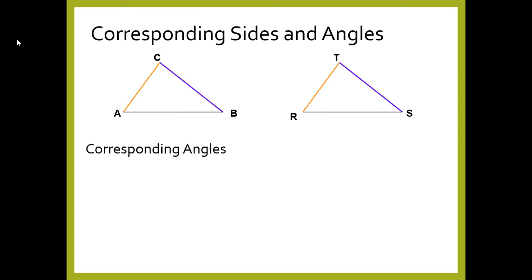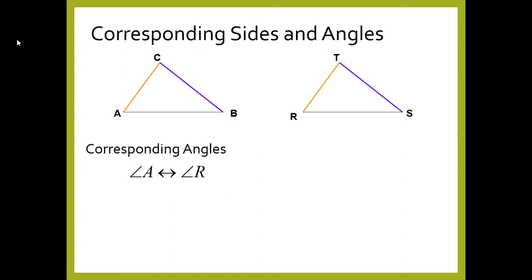First, let's go over corresponding angles. If we have angle A in the bottom left of our triangle, its corresponding angle would be angle R because it is also in the bottom left of our triangle, or where the orange and the gray lines meet.